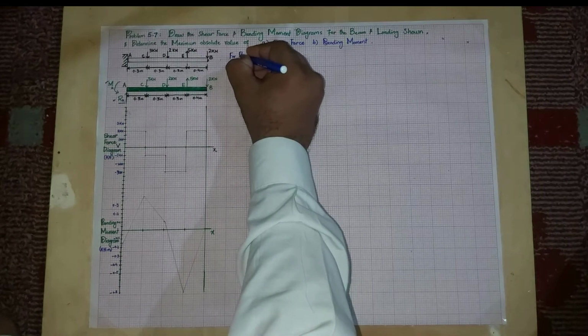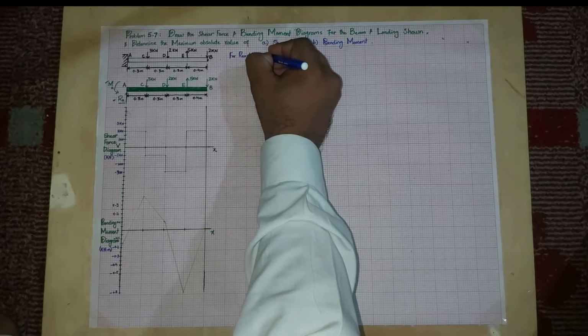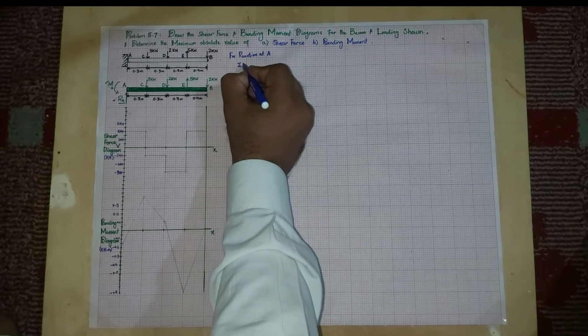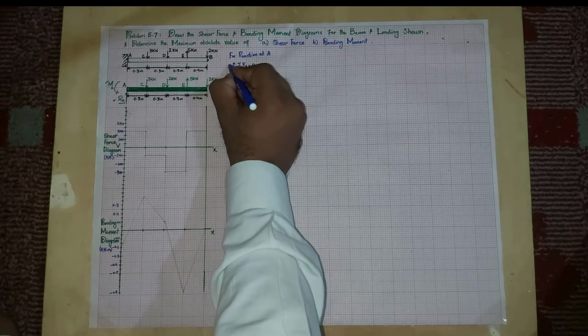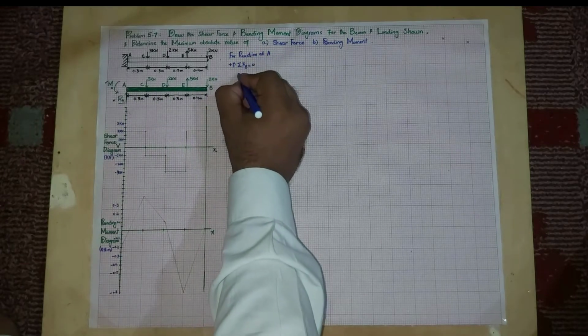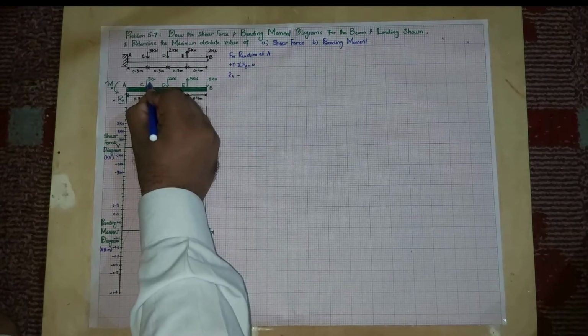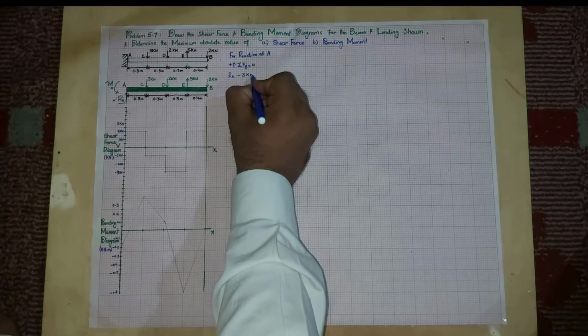For the reaction at A, we will first solve: sum of all forces along the y direction must be equal to 0, and upward force is positive. You can see there is a reaction force acting upward, so RA, minus this force of 3 kilonewton which is acting downward.